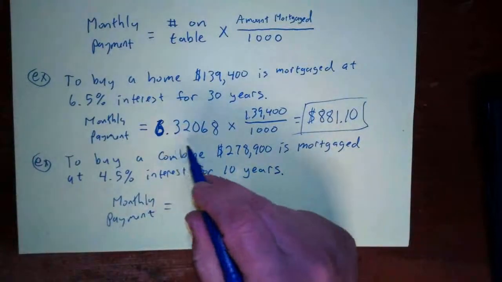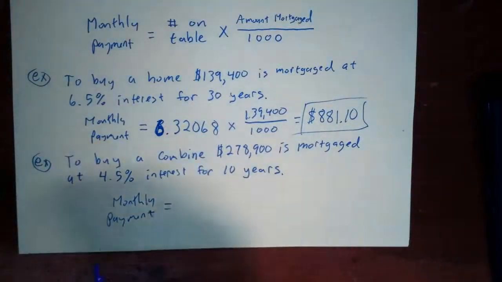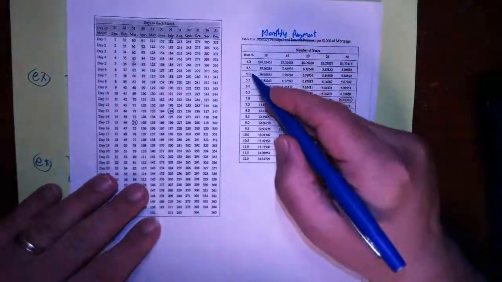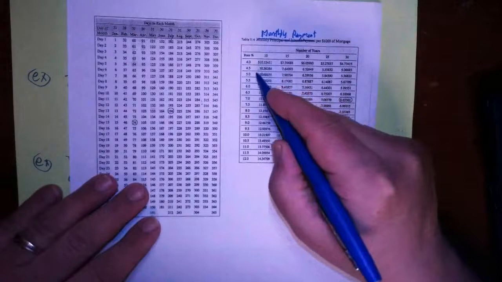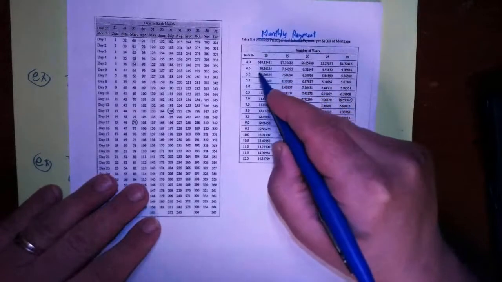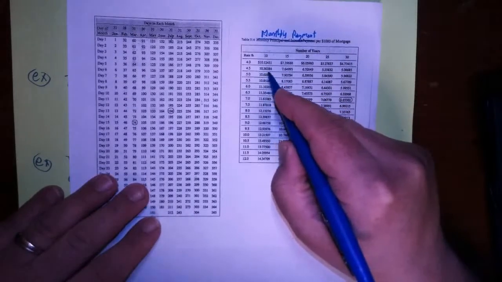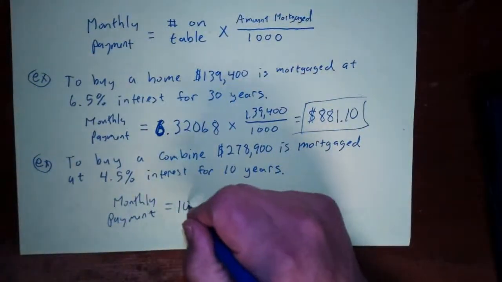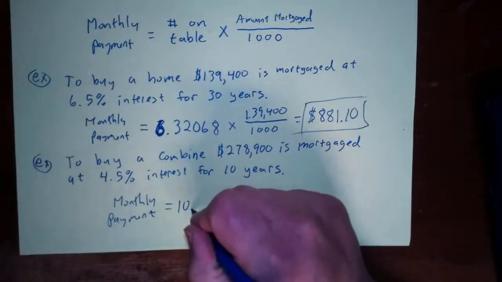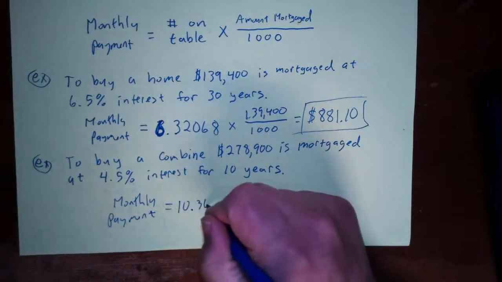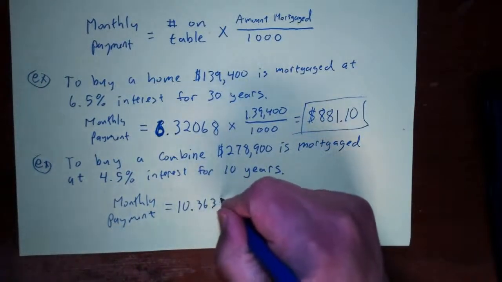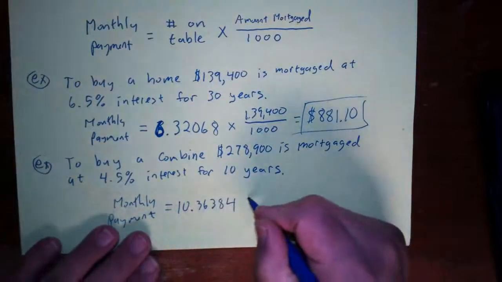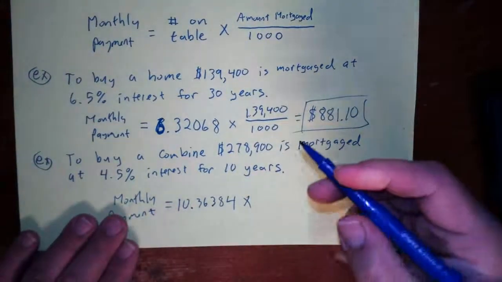So I need to get the number on the table. It's 4.5% interest for 10 years. So this is 4.5 right there, and 10 years, so they intersect here at 10.36384. Okay, and then I'm going to multiply this by the number of $1,000 mortgage.